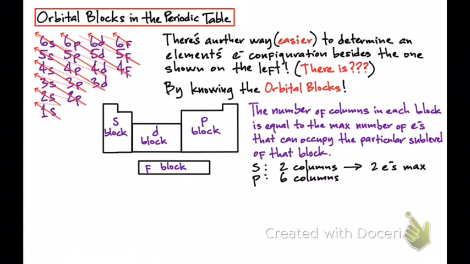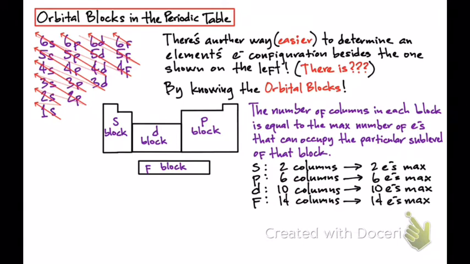For the p block, 6 columns, 6 electrons. The d block contains 10 columns, 10 electrons. And the f block contains 14 columns, so a maximum of 14 electrons.